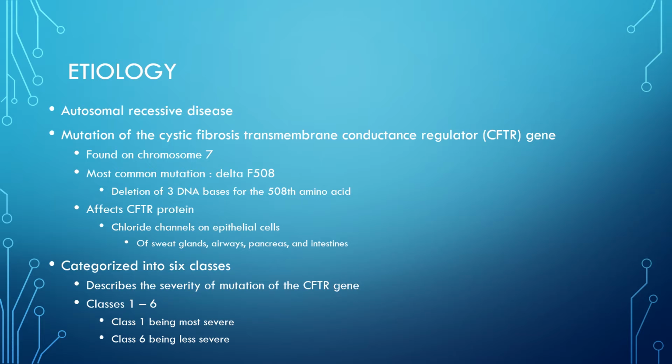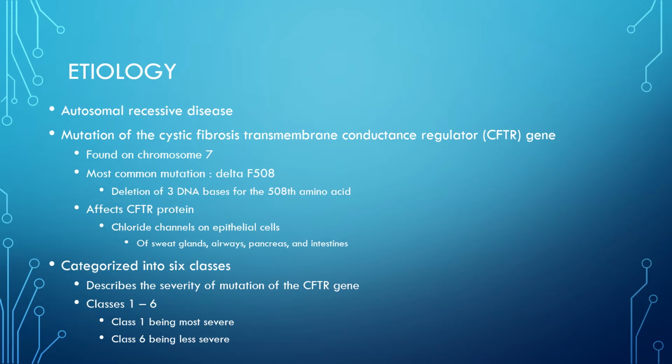Now for the etiology, or the underlying cause, of cystic fibrosis. This disease is an autosomal recessive disease, therefore meaning that it is genetic. Cystic fibrosis is caused by the mutation of the cystic fibrosis transmembrane conductance regulator gene, or the CFTR gene.